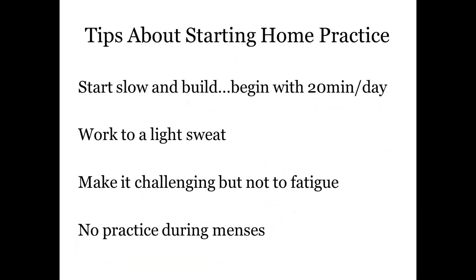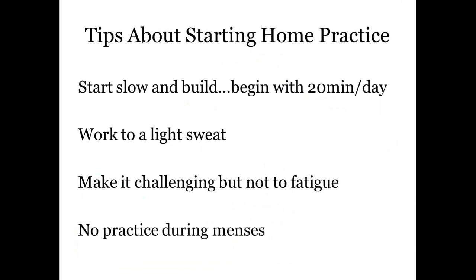But the important thing, like the qualities of hot and mobile, is that we want to start slow and build. So say begin with 20 minutes of breathing technique. Add on to that some basic asana practice, and then as you go along, you can improve your endurance, strength, and stamina.